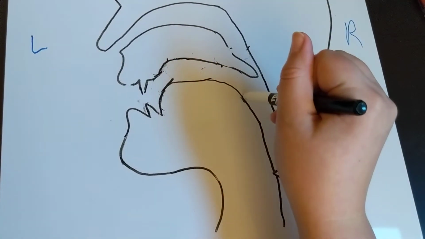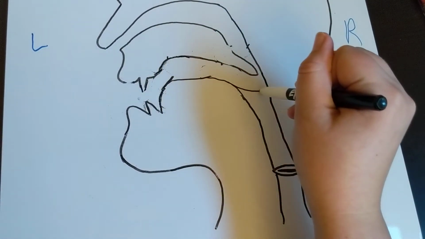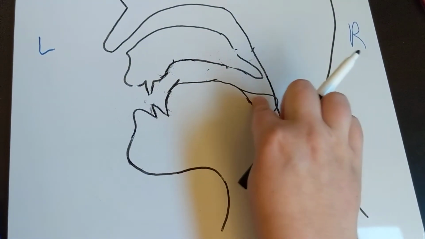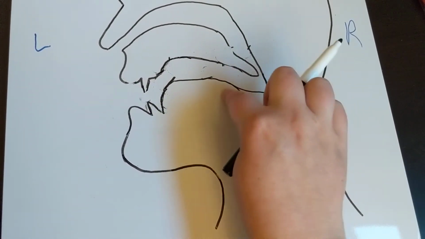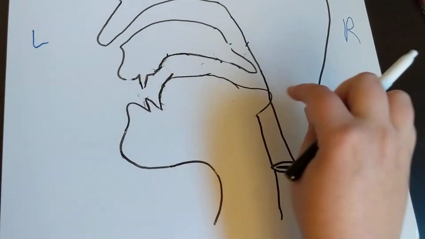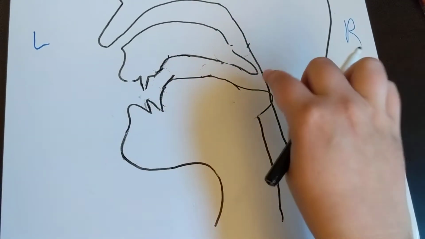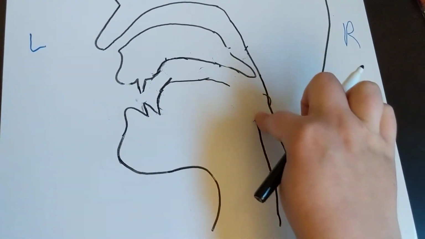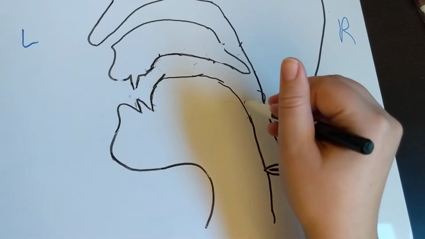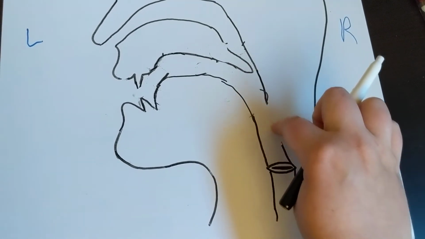Moving back, we have uvular sounds, which are made back here against the back of the mouth, against the uvula. And then we have pharyngeal sounds, which are made by actually changing the shape of your throat down here.